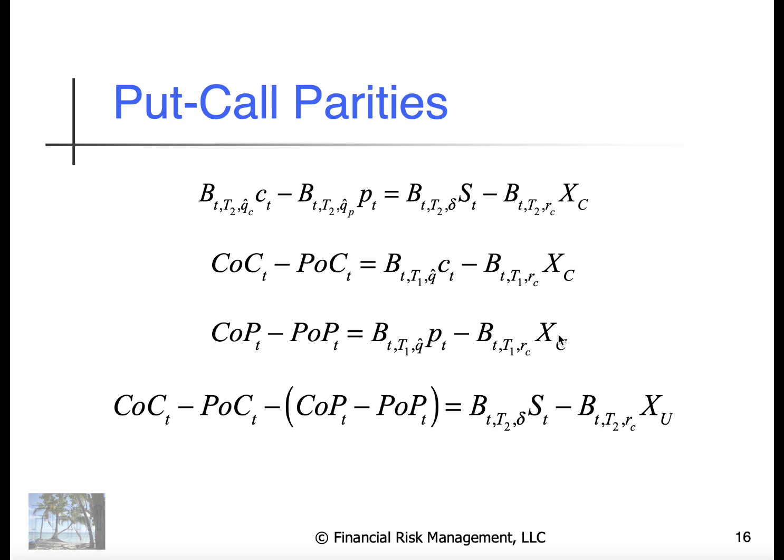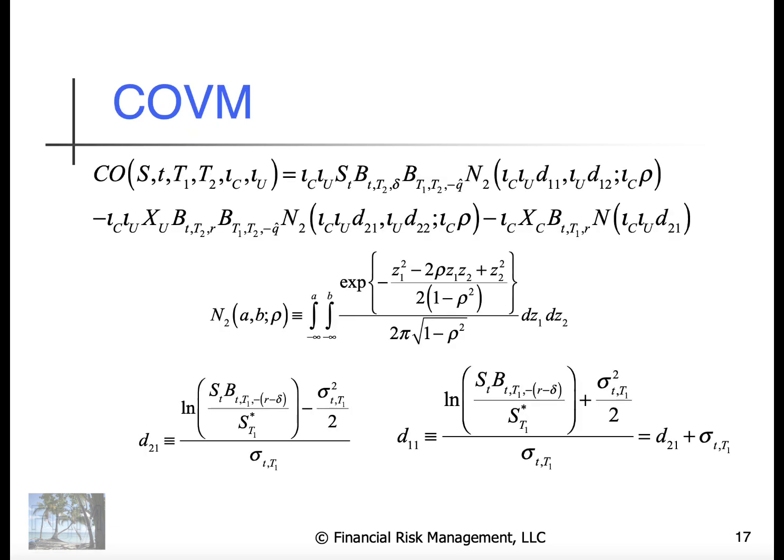And so just like underlying options on stock, compound options have a whole set of boundaries as well as parity conditions. The model itself can be written as a complex function of these iota terms, as well as, if you'll notice, rather than being a univariate CDF of a standard normal, it's a bivariate CDF of a standard normal, and there's a correlation coefficient.